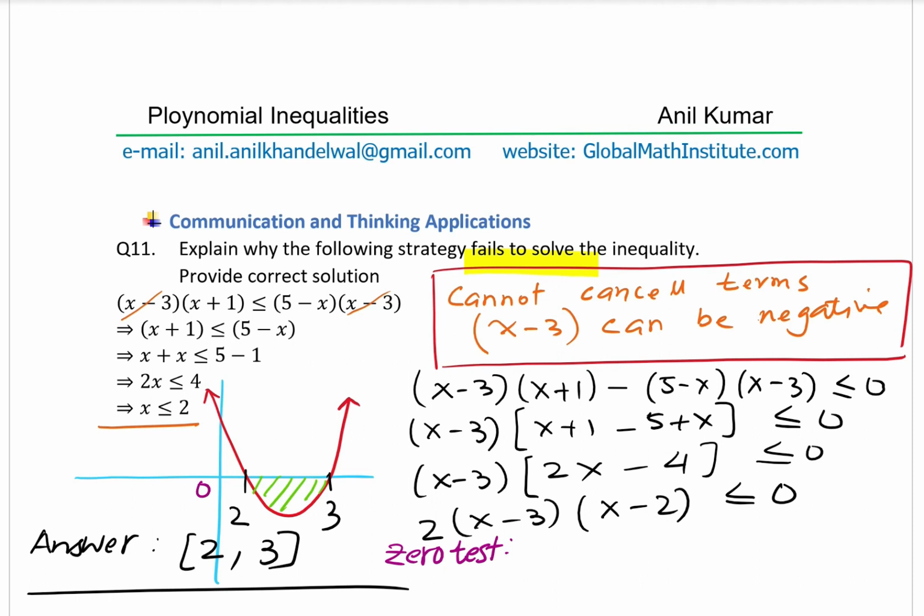I get minus 3 times 1, and on this side, we get 5 times minus 3. So this is minus 3, and that is minus 15, and therefore this is greater than, and therefore we know that this is not a part of the solution.